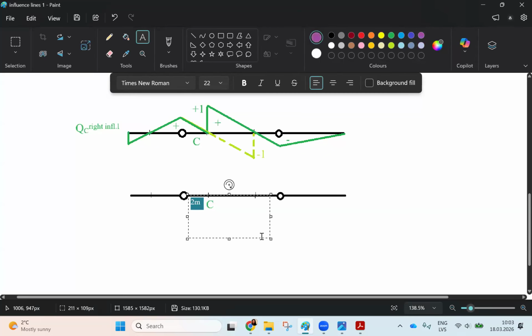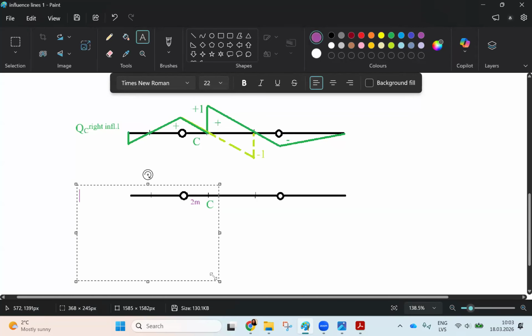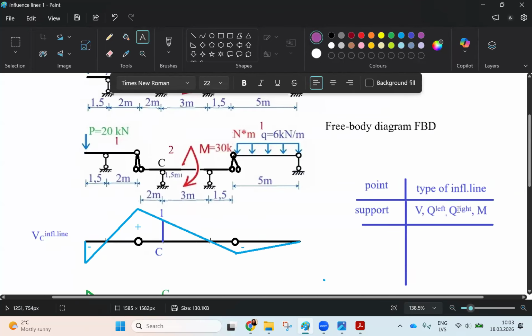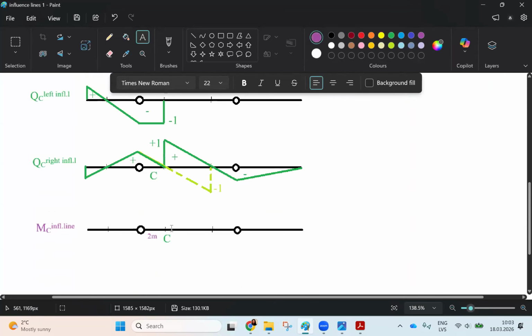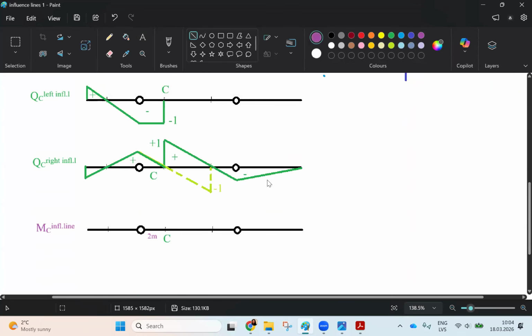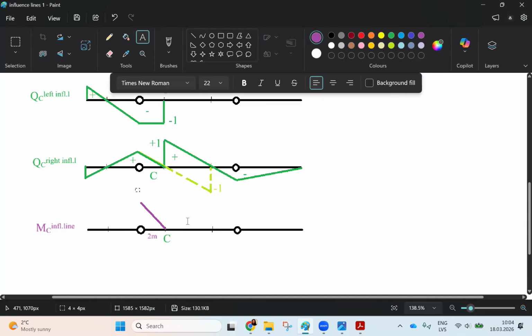It's a different color, so it's the MC influence line. For the point C, there's only one M. Actually, there's never M right or M left, but it is kind of left because we want to go only left. We can't draw to the right because there are no rules for that. There's only one value at the point C. So we go up, value 2, not 2 meters up actually.